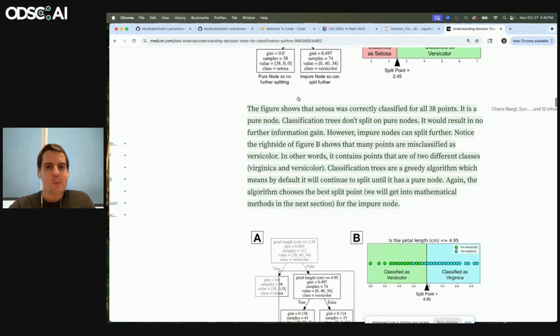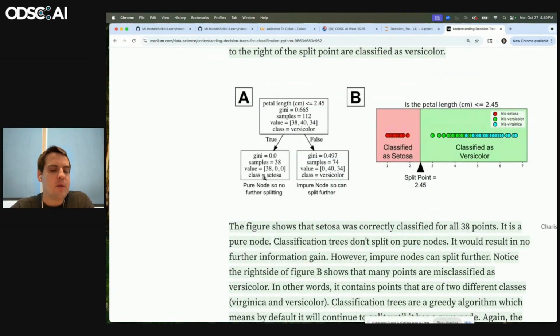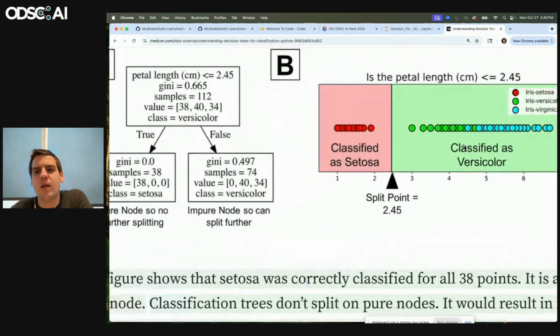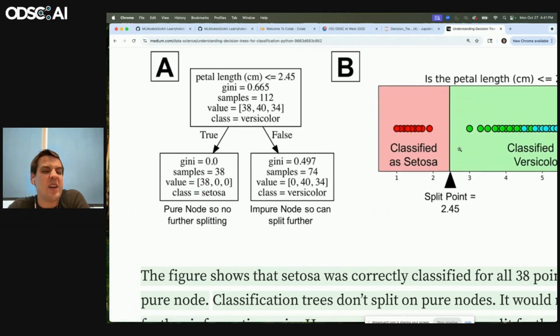One thing you might notice over here is that the first split results in a pure node, which means I already isolated all these 38 flowers as Setosa, and I'm classifying them as Setosa. The problem is on the right: I split this class perfectly, but I didn't necessarily split out the versicolor and virginica. I'm classifying all as versicolor right now, and the model's not very good.